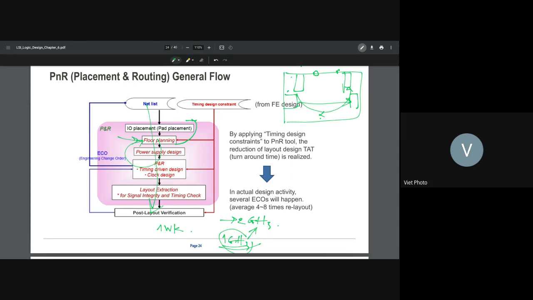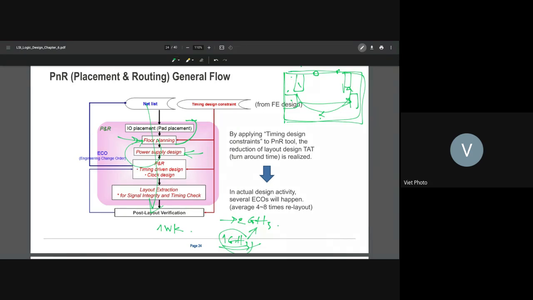Then after the floor plan, you have the power supply design. The floor plan means the definition of the shape here, right? This one is a negotiation with the other block owner. They will negotiate the shape and the size.